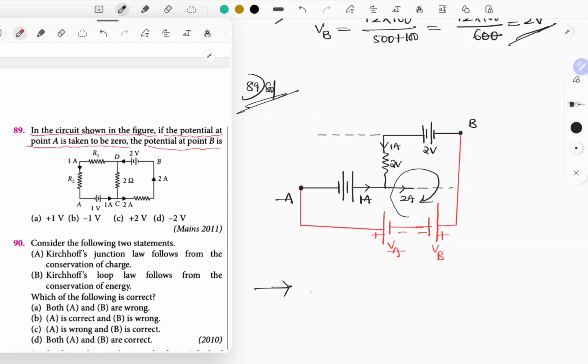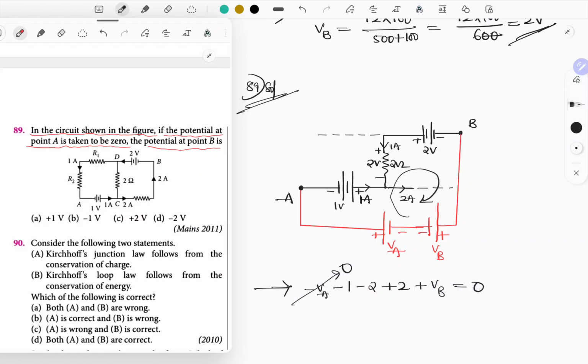Let's start with VA, minus VA, minus this potential, this is 1 volt, minus plus. I chose the first sign, so this is plus minus 1 into 2, it's going to be 2 ohm, right? And its voltage is 2 volt, so it's going to be minus VA minus 1 minus 2 volts plus 2, this is plus minus, then plus VB, which is equal to 0.